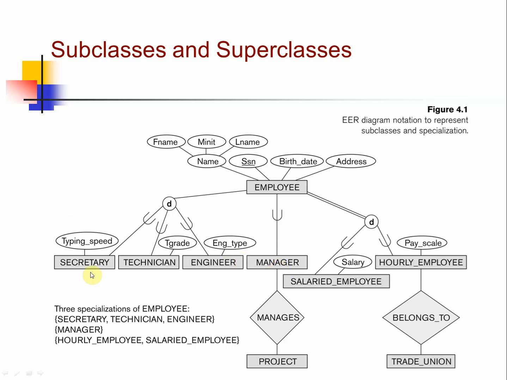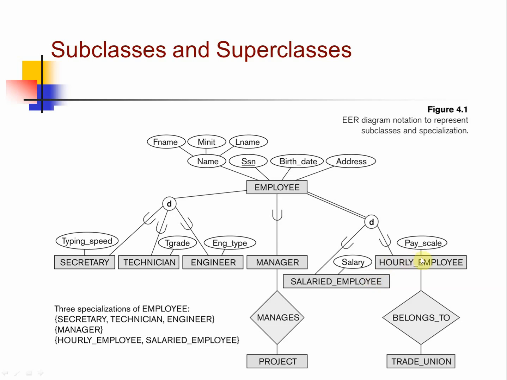On the other side, when we look into different job types, you can see that secretary has their own what we call local attribute, that is the typing speed, only relevant to the secretary. Technician grade is only relevant to technician, just like engineer type is only relevant to engineer.